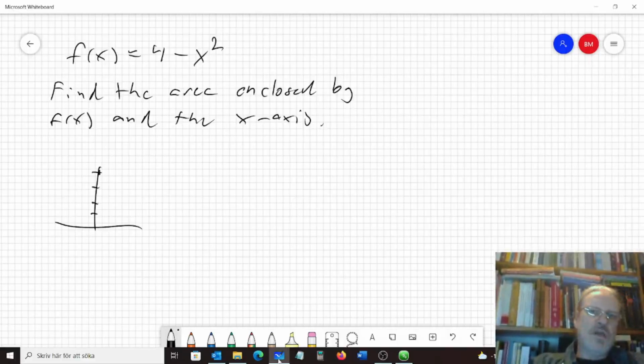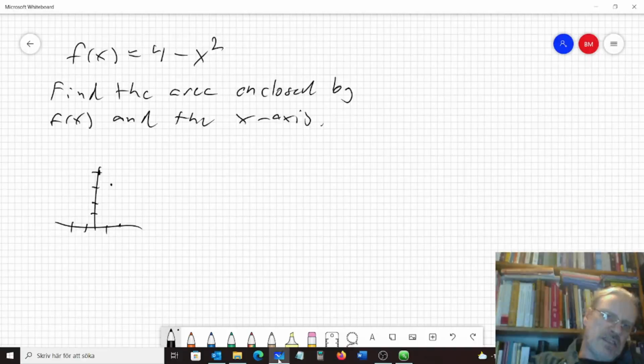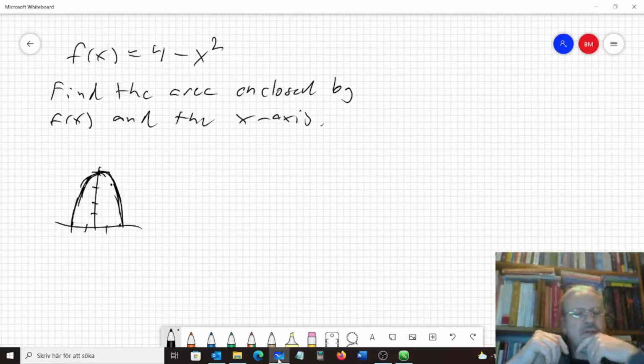If x is 1, we get 4 minus 1 squared, which is 3. And if x is 2, we get 4 minus 2 squared, so we're down to 0. And the same thing on the negative side, so we get a graph that looks something like this. Should be a little bit more symmetric. Okay, so that's the shape of the curve.